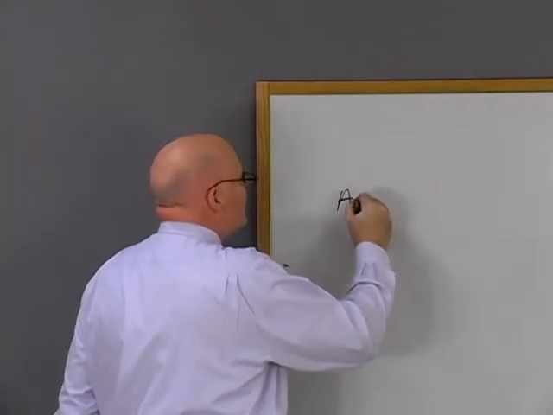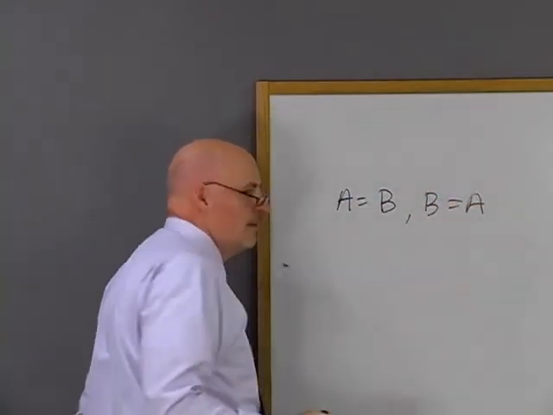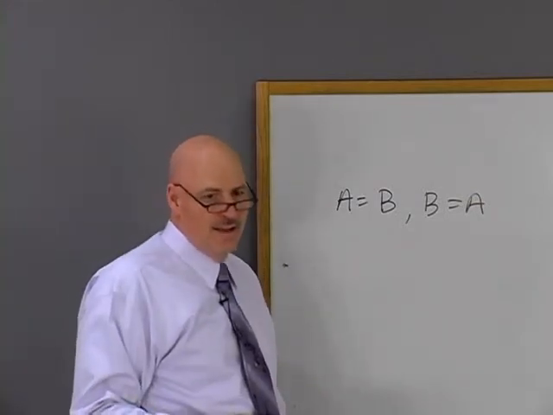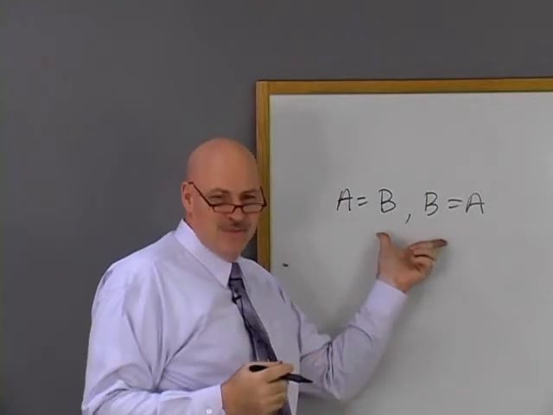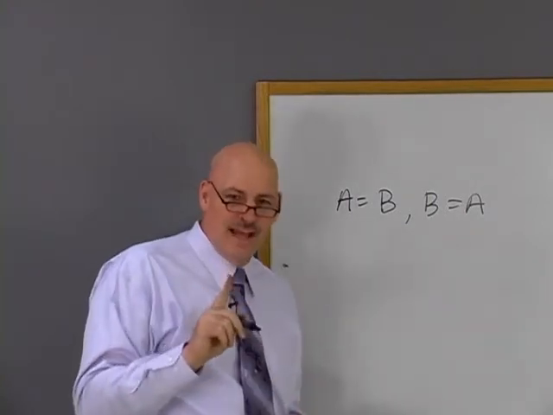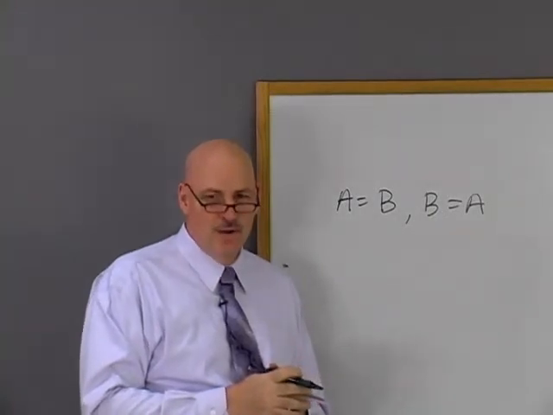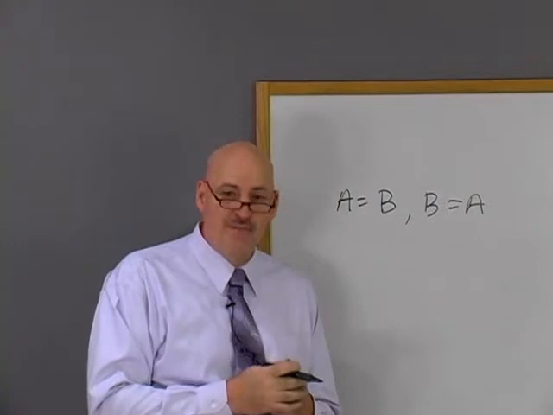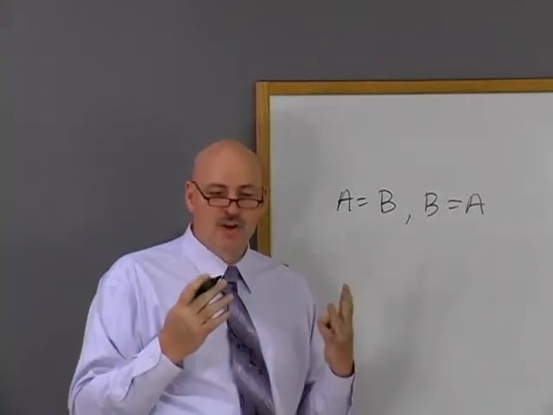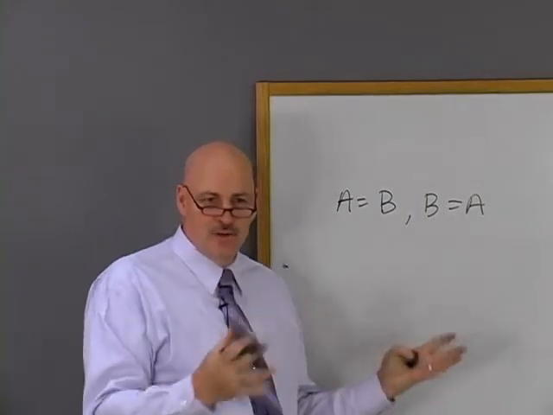If A equals B, then B equals A. Let's all say it together. Duh. But that's obvious, right? But you're going to find out because in successive lessons we're going to be proving triangles congruent. And we're going to be stating what looks like the obvious. But you have to state it. It's as if you're in court and you have to at least enter it into the body of data that you're going to use to make your arguments.